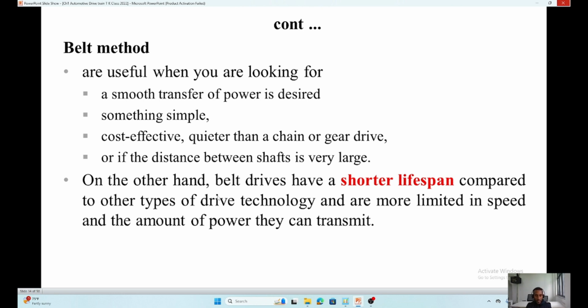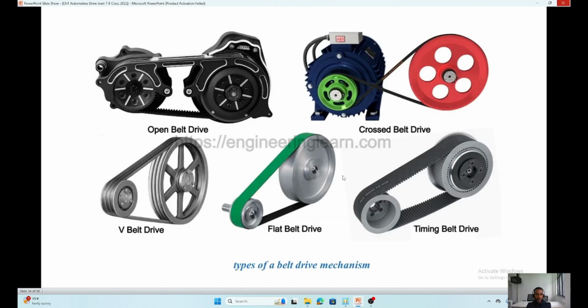On the other hand, the belt drive has a really shorter lifespan compared to the other types of drive technology, and it's also more limited in speed, because if the speed is increased too much, there will be a probability of slippage. So if we use it for short distances, the chain method is better.